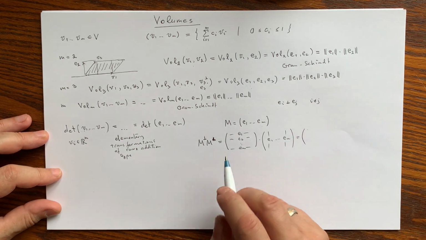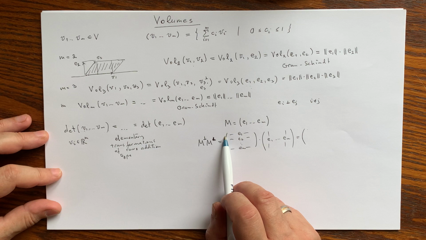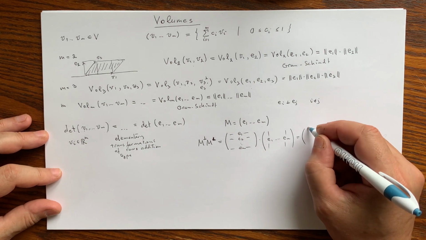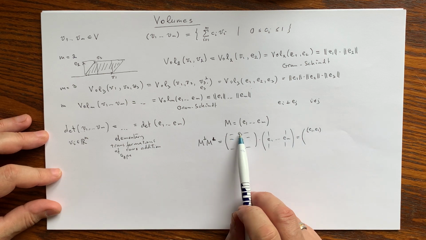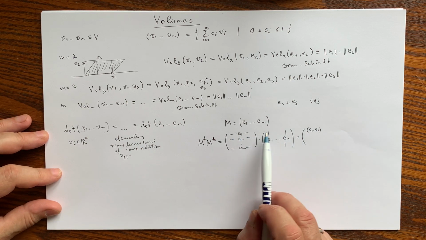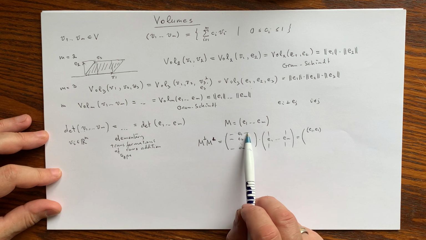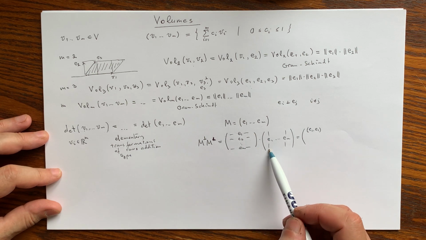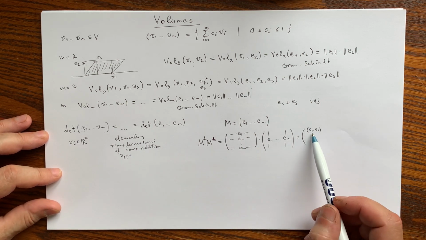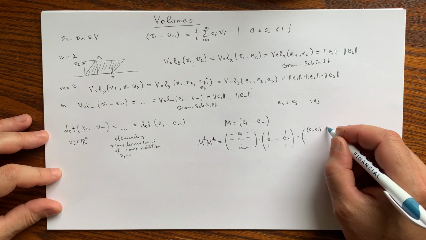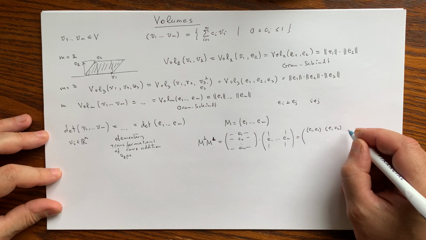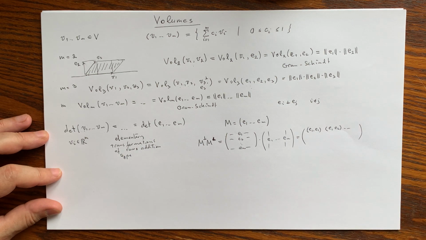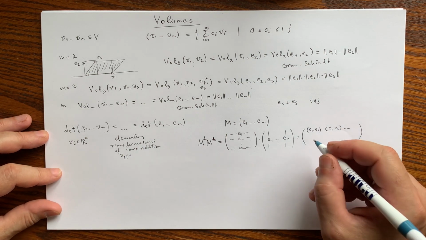The first entry of the product will be the scalar product of E1 with itself, because what we do is compute the pairwise products of coordinates of the first row of this matrix and the first column of this matrix and take the sum. That is nothing but the scalar product of the two vectors. Then we have the scalar product of E1 and E2 and so on through the first row of the result.